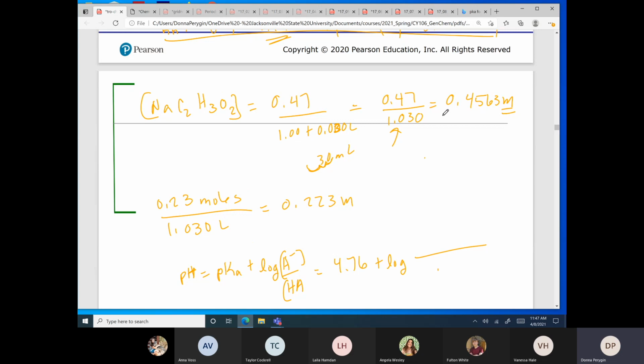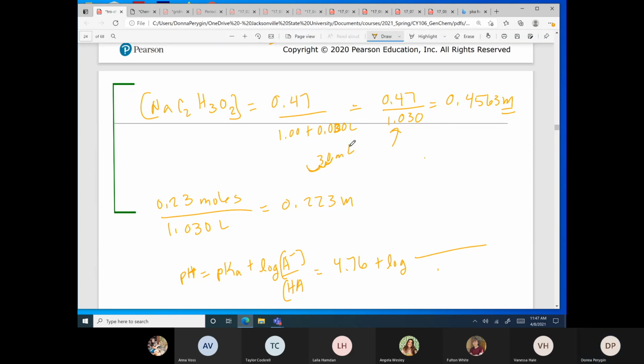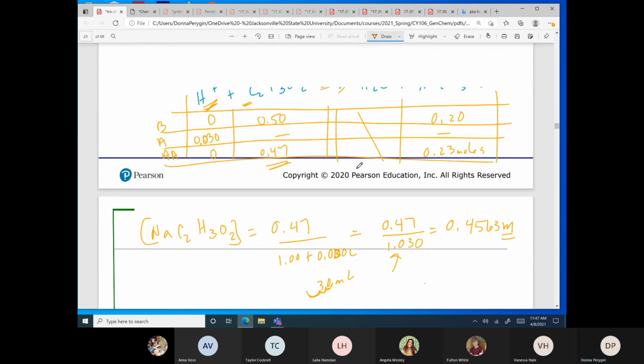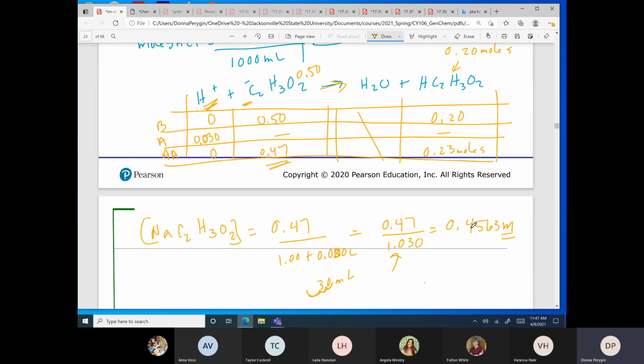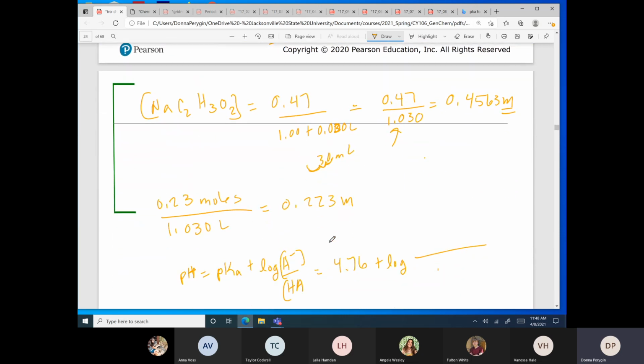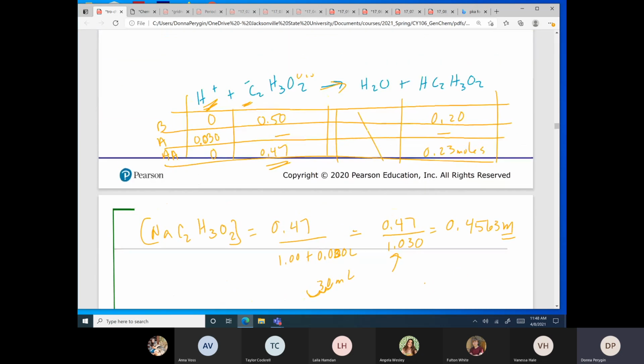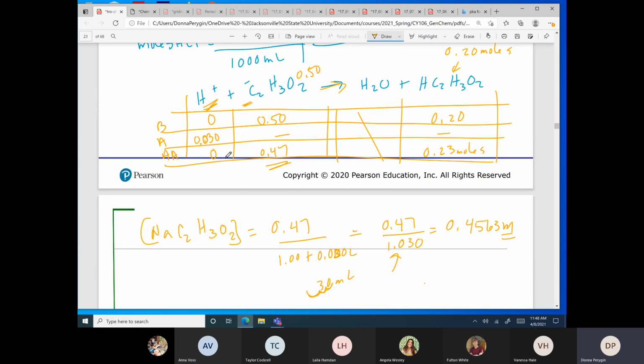So here's my base. The base is the 0.47 and the acid, no, that's right. That was 0.4563 over 0.223. Huh. And let me think about this.